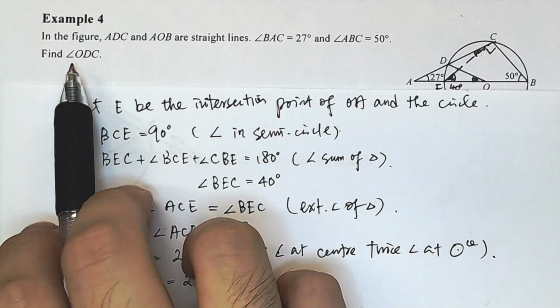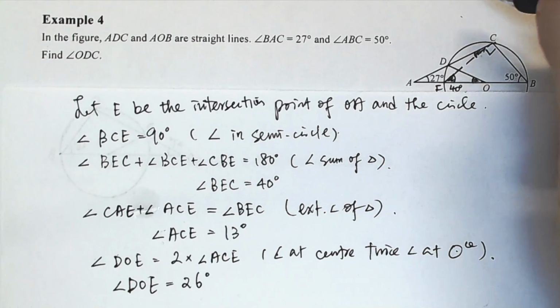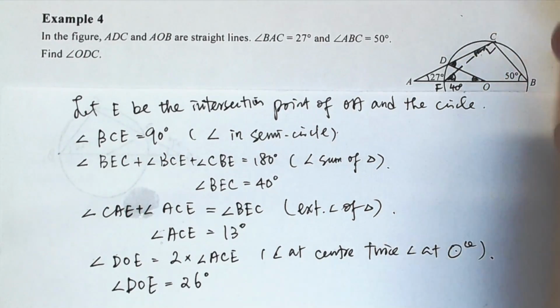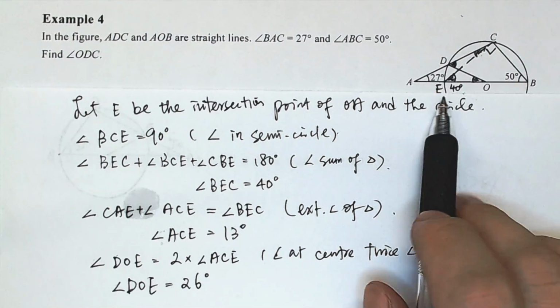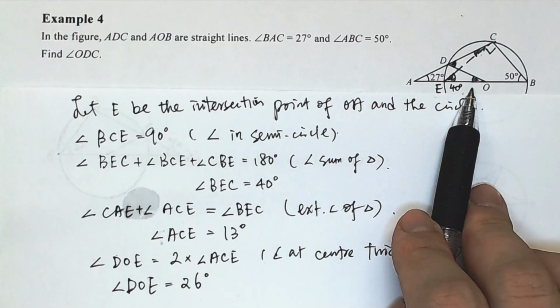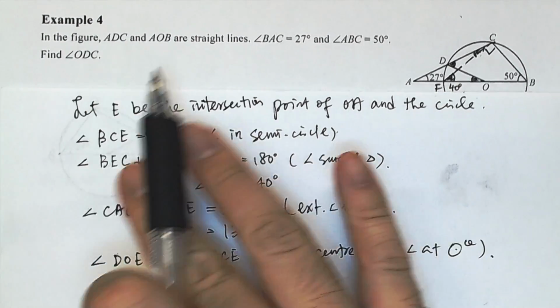Now at last you are going to find angle ODC, which is the exterior angle of triangle OAD, and 2 of the interior angles are 27 degrees and this angle DOE, 26 degrees.